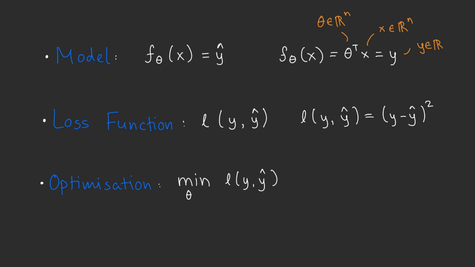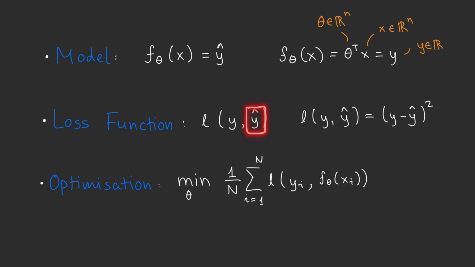So the way this minimization would actually look is that we minimize over the mean of all of our data points, so saying we have n different data points, and we take the mean of their losses, where we take yi, this is the label of our data point i, and the output of our model given the input xi. So I wrote this before as just a shorthand notation with the y hat and did not add the subscript i, but adding the subscript i now just corresponds to our data.